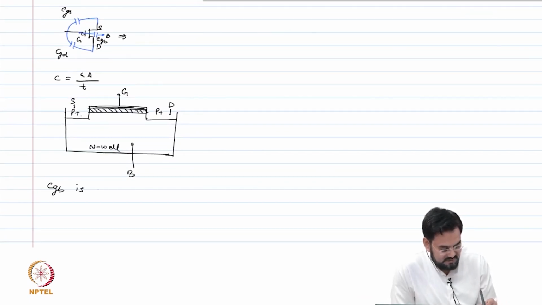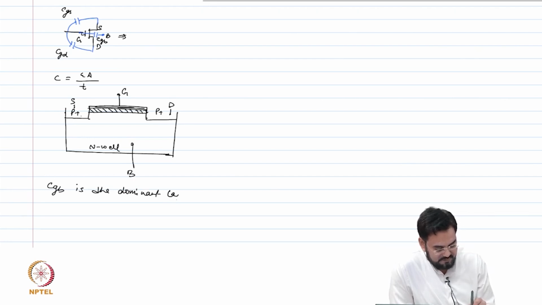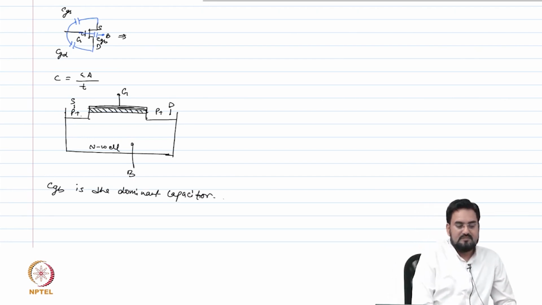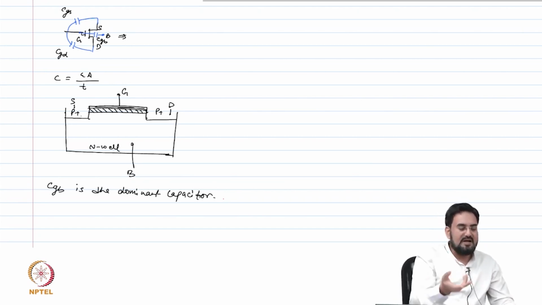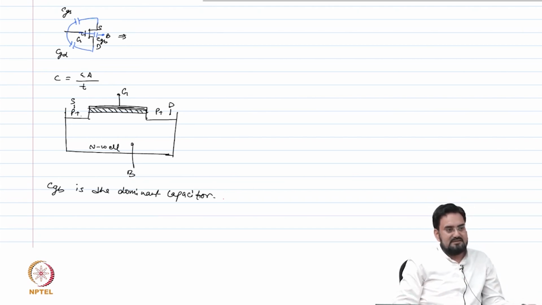CGB is dominant, and whenever you are looking at the capacitor at the gate, the other two capacitors will automatically be added there, because the common terminal for the 3 caps is the gate. So, where is the maximum cap out of these 3 terminals? It is at the gate.